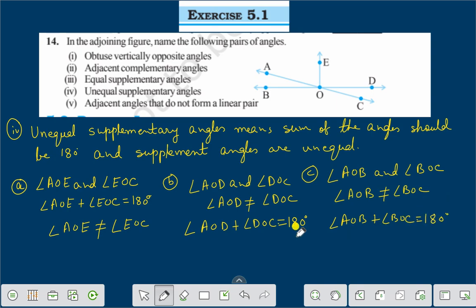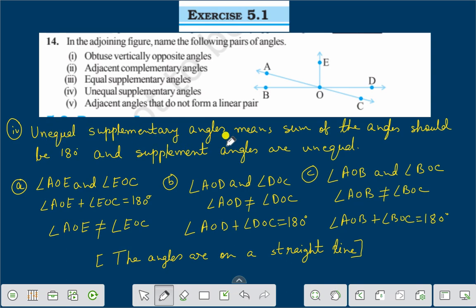Why? Because the angles are on a straight line. This angle plus this angle is 180 degree and this angle is not equal to this angle.